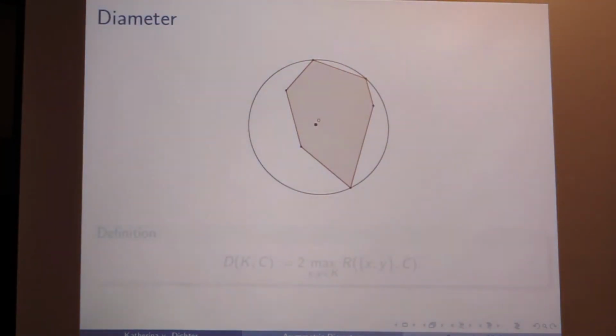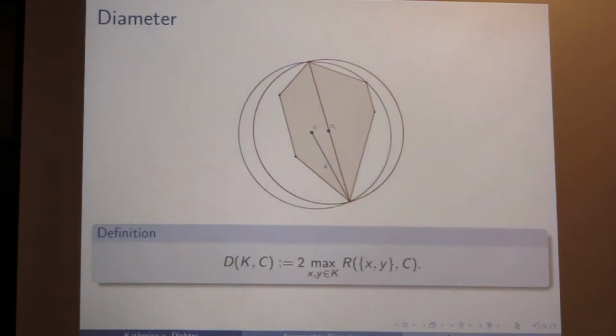The next definition we need is the diameter. Again, return to the example with the hexagon and the circle. When we consider the diameter of this hexagon with a circle, we take any two points. It makes sense to consider the extreme points of the hexagon, so the vertices. After that we take these two points and consider their circumradius.